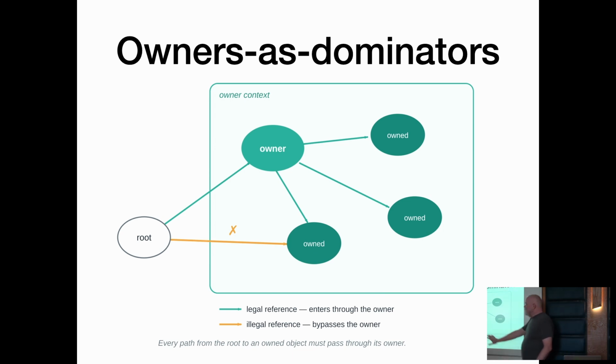So this is a graph theoretical definition. Every object that I can reach from the root that points to this one is okay, but any object that directly points here would not be allowed, because that would be a pointer to the internal state that the owner doesn't know about. So that's the theoretical most strict case that one can have.